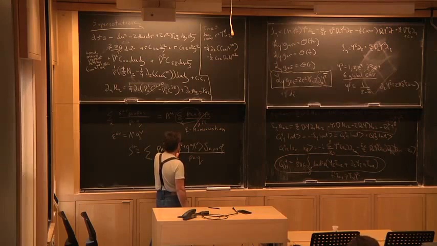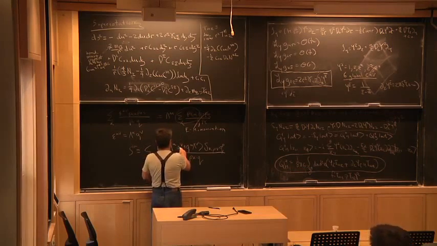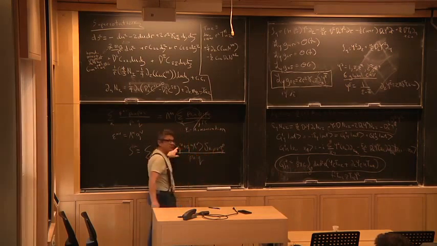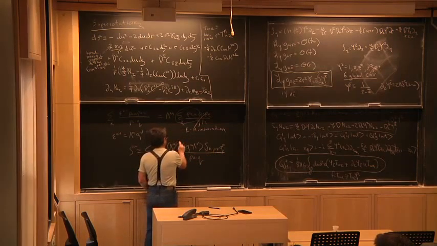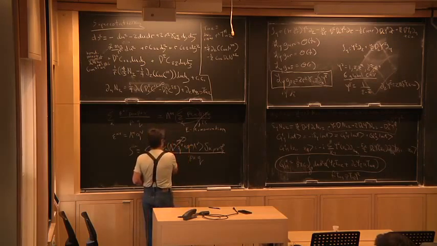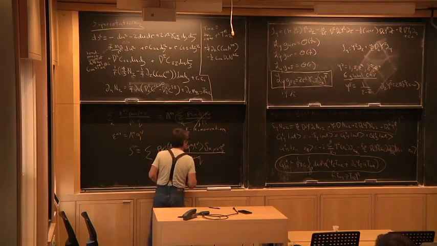This one is going to vanish just because q is antisymmetric, J is antisymmetric. So if we contract it with two q's, we get 0. And here we have a p dot q, which cancels this p dot q.